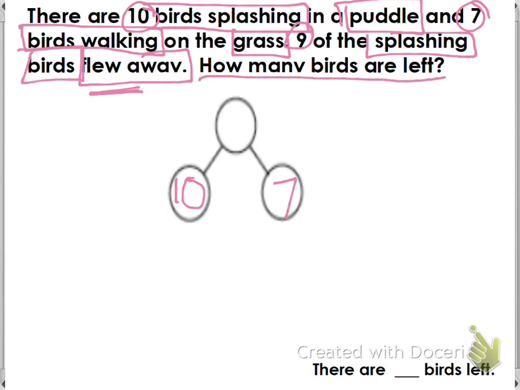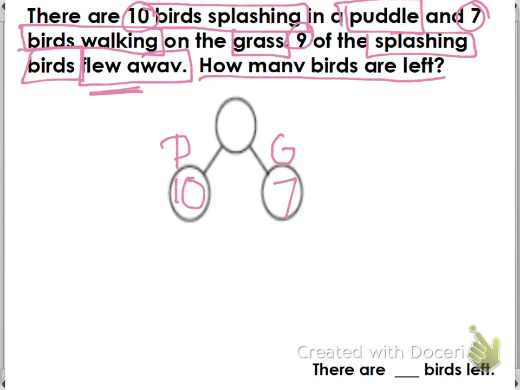Now, looking at this, we are going to label these 2 parts. Well, there are 10 birds splashing in a puddle, so right above the 10, I'll put a P for puddle. And then 7 birds walking on the grass. I'm putting a G for grass.